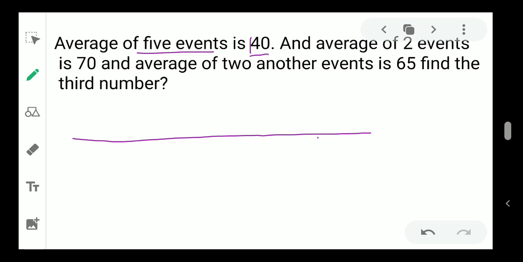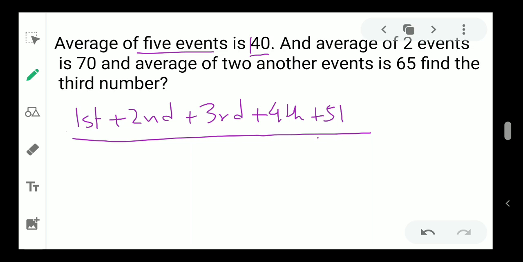So the first event, second event, third event, fourth event, and fifth event. So if we add them all and divide by 5, what are we going to have? We are going to have 140. That is, the average of all 5 events is 140. It has to come 140 according to the question.